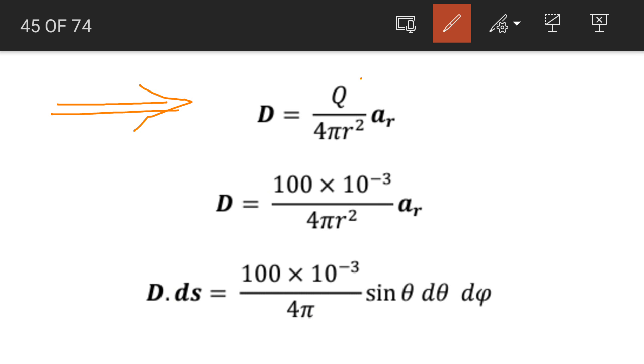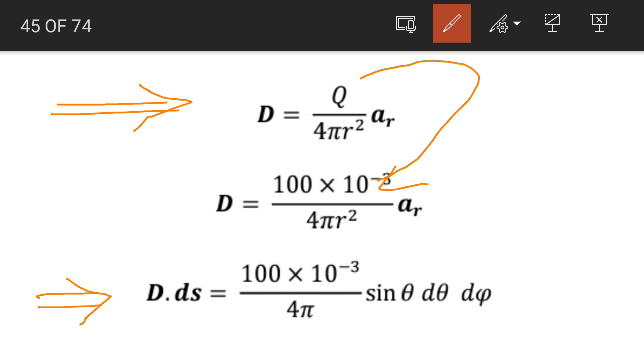We put the value of q in this particular equation. Q is 100 into 10 raised to power minus 3, divided by 4 pi r square AR. And then we calculate the scalar product of these two vectors.